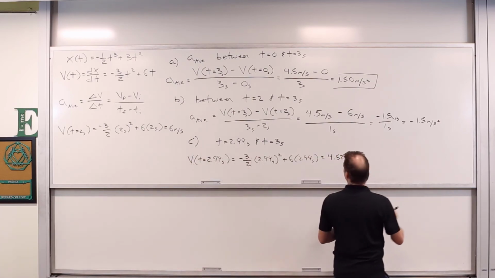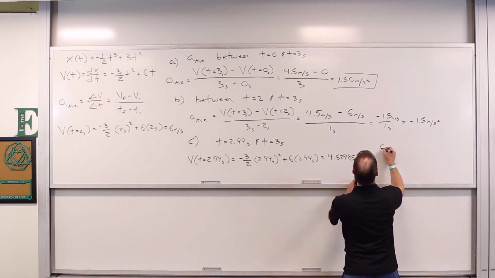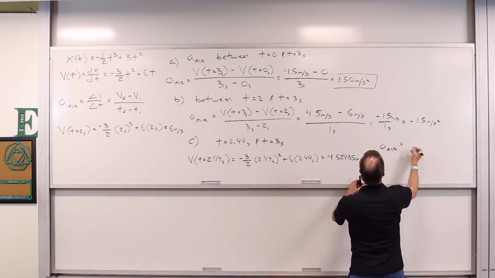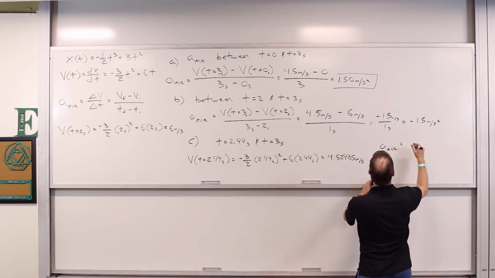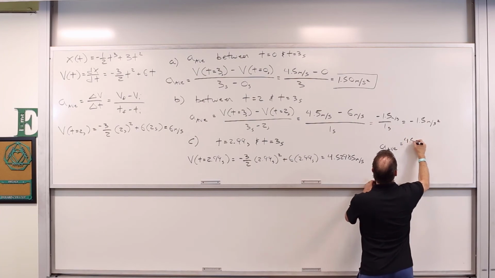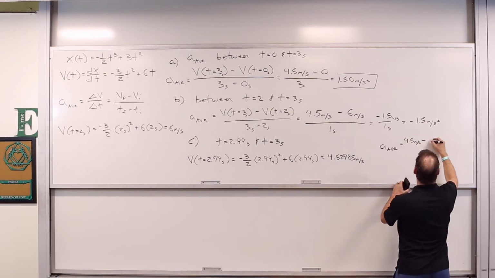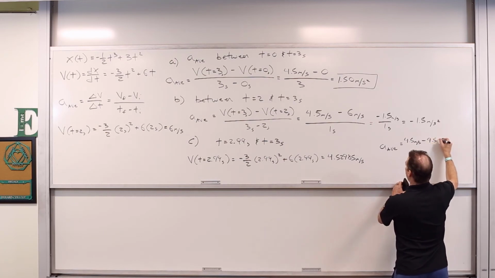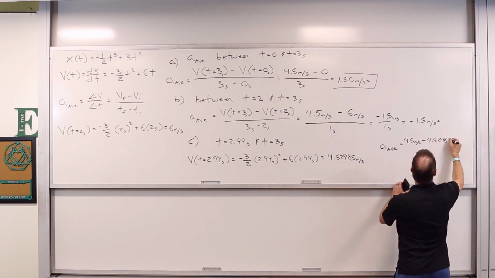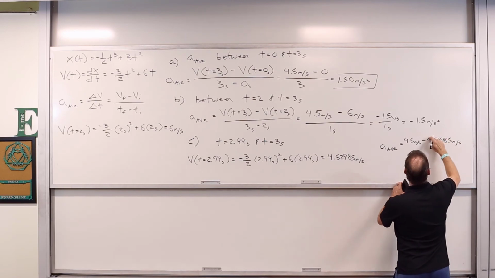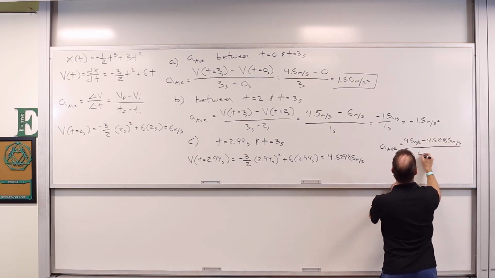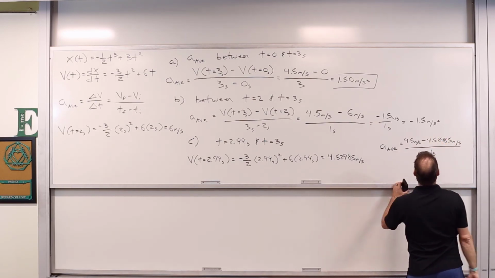And then we can compute the average acceleration. That is going to be equal to the final, which is 4.5 meters per second, minus the initial at t equals 2.99, 4.52985 meters per second, divided by 0.01 seconds.